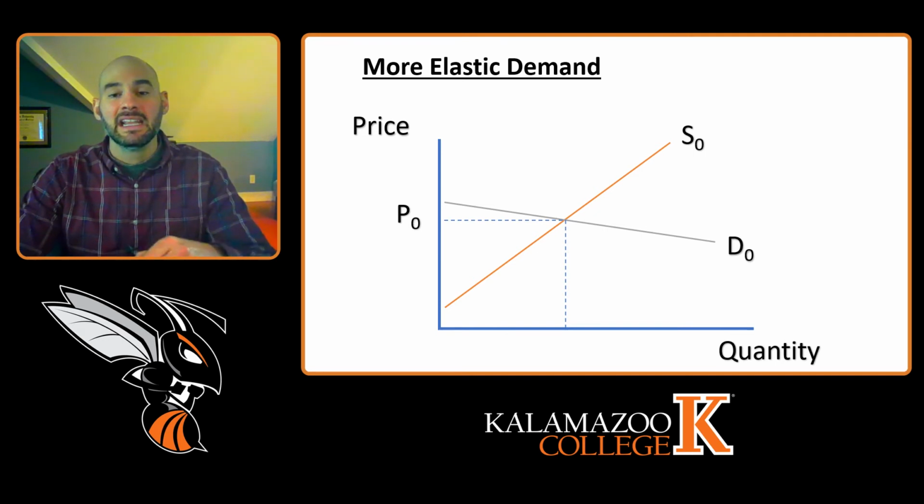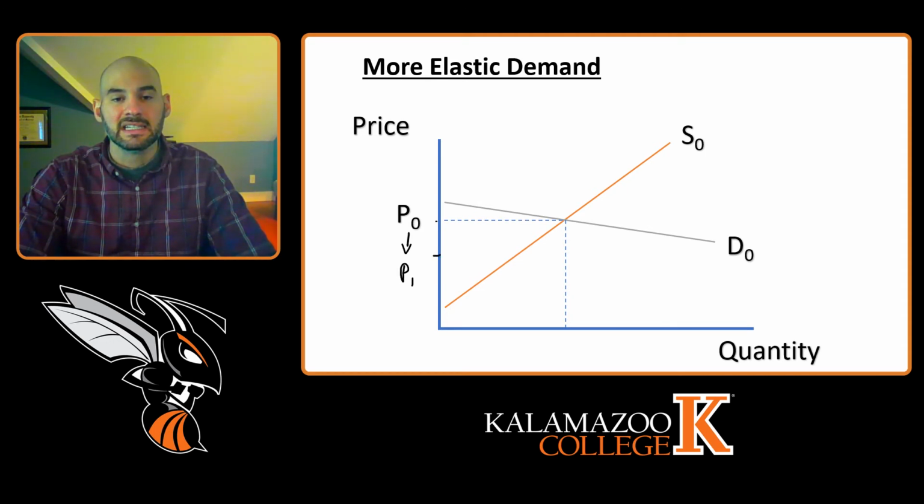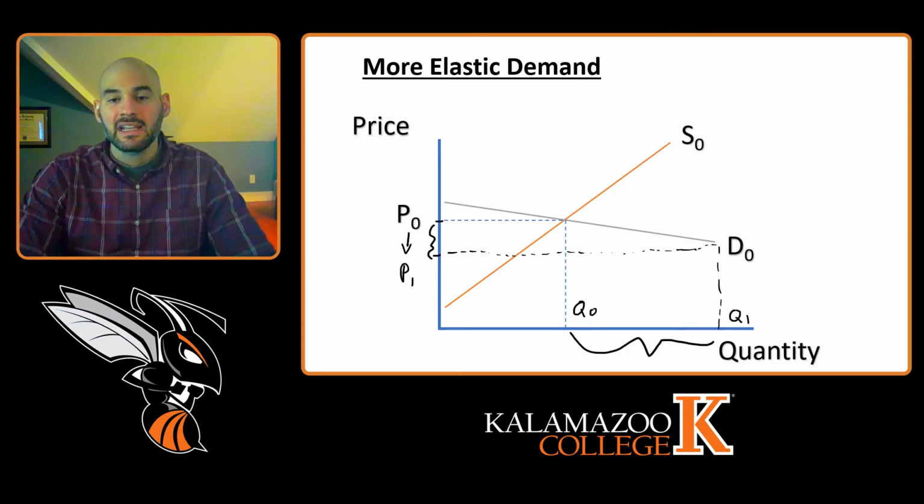And so we can see that here on this graph, with this being a relatively flat or less steep demand curve, that if we have this initial equilibrium price being P0 and we decrease the price to P1, and let's say that P1 is this much below P0, and if we come over here and we see what the quantity demanded is at P1 and compare that quantity demanded at P1, being Q1, to the quantity demanded at P0, being Q0, then this difference is obviously much greater than this difference.